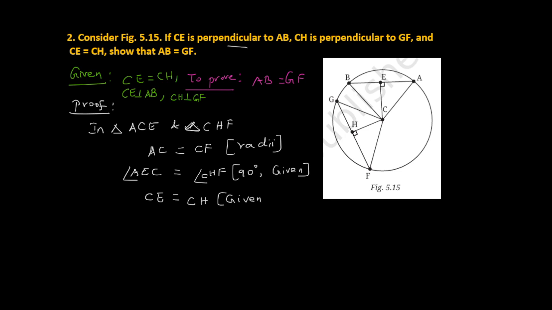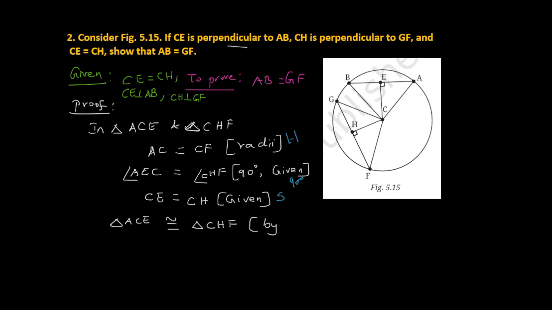The perpendiculars are given. So triangle ACE is congruent to triangle CHF by what criteria? We have one hypotenuse, this is our hypotenuse. 90 degrees here, 90 degrees there, AC is the hypotenuse, and one of the sides is given.